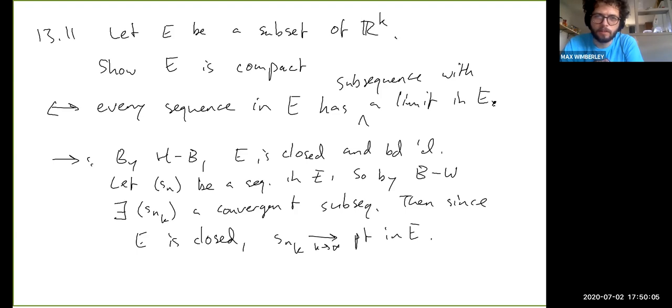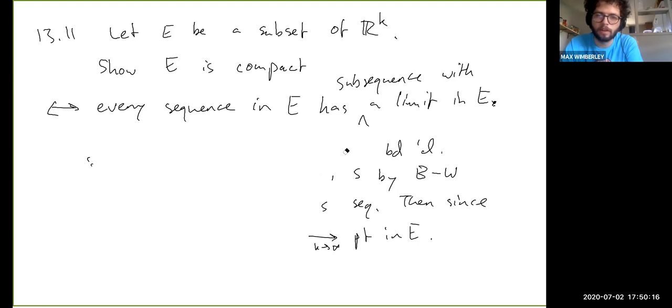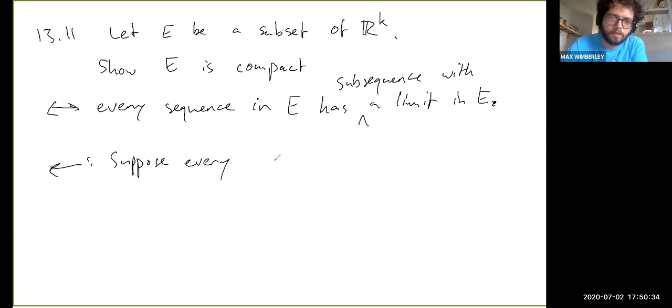So let's look at the other direction. To prove boundedness, you basically want to do it by contradiction. You can show that if it's not bounded, okay, hold on. You don't even actually have to make this supposition. You can do it by contrapositive.